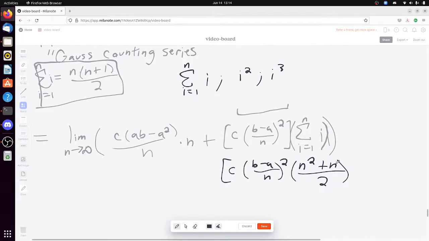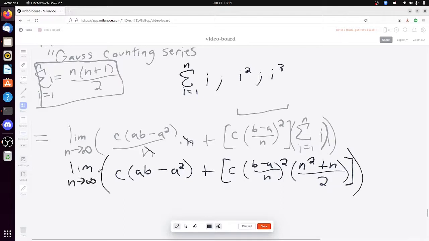So this is what we're left with now on the right and on the left. I'm actually going to cancel out these n's, so that'll make things a little easier. So c times (b minus a) squared plus that, and this is all still in the limit. Okay, so that's nice. So we've at least gotten rid of the series. Now we just need to do a bunch of algebra and hope the right thing pops out.